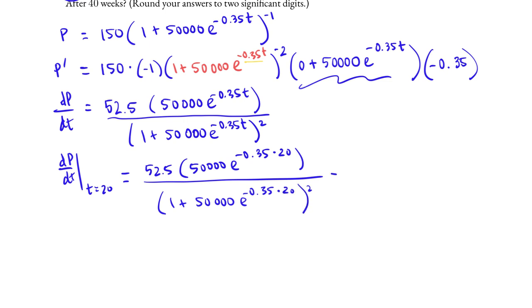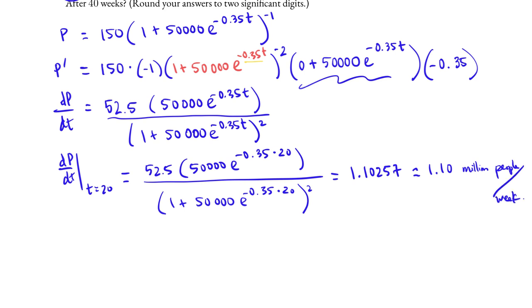Don't forget to raise it to the 2 power. Put this in a calculator, we will get 1.10257, rounded to 1.10. This is the number of people in millions, and so million people per week.